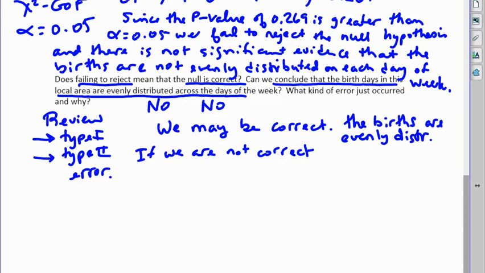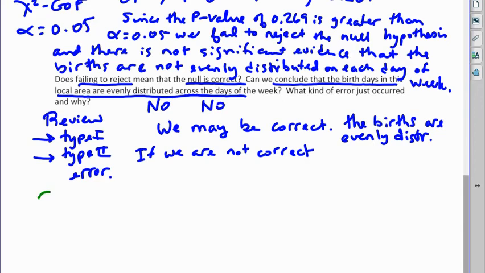And to me, thinking about this common sense wise, and I would not write about this in my conclusion on my mini quiz, but if somebody asked me, do you feel like you may have done type 2 or type 1 error?